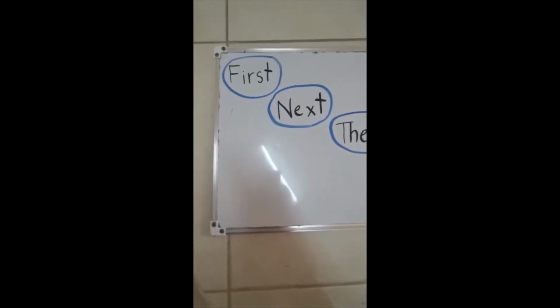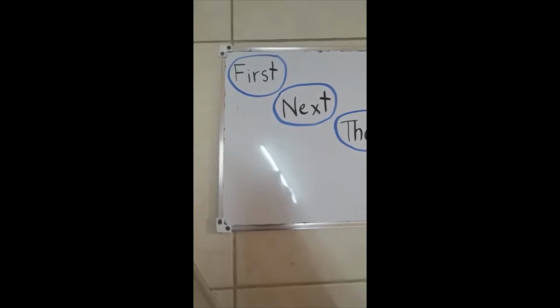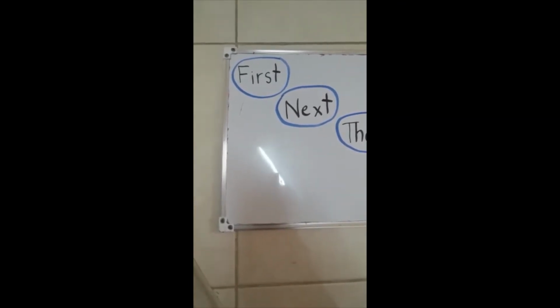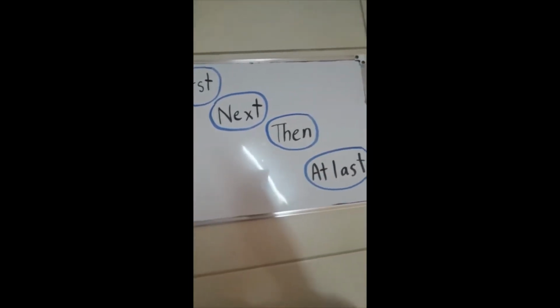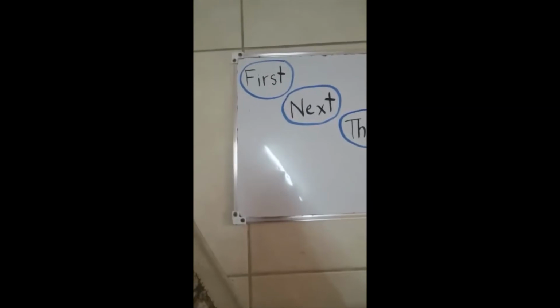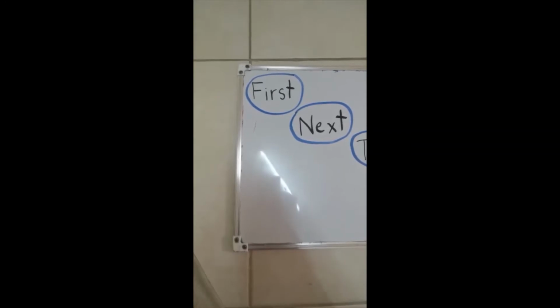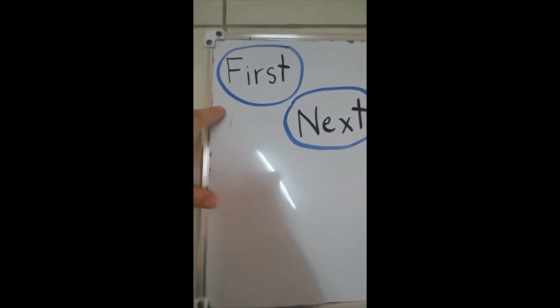Good morning, everyone. Today we will talk about sequence, or how to put the sentences in order to tell the right story. So what are the words that make our sentences in order? We have the word first.